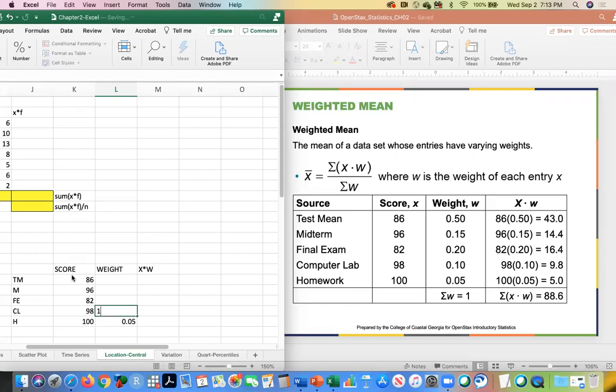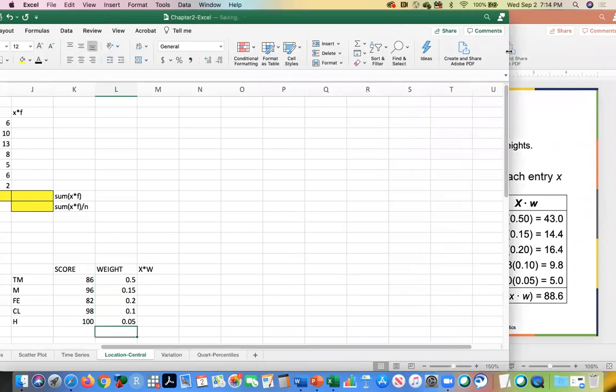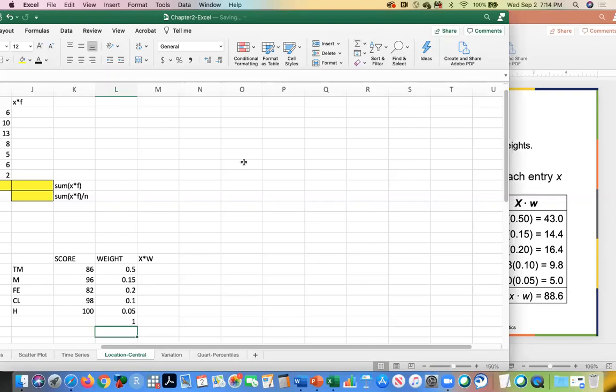This is 10%. This is 20%. This is 15%. And the last one is 50%, right? So we have these values. If I add all of them, very likely I'm gonna have 100%, right? So I do the summatory, and I have 100%.